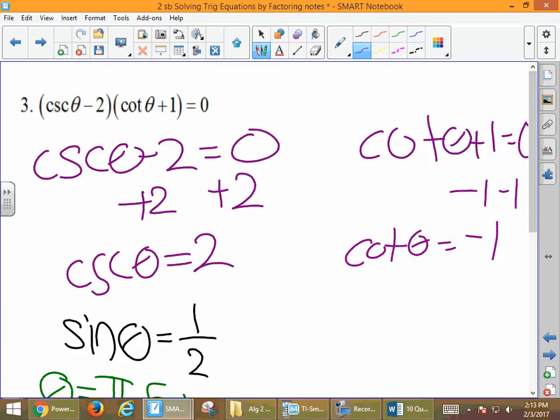And once again, I also don't know cotangent off the top of my head. So I'm going to take the reciprocal. And so the reciprocal of cotangent is which function? Yeah, tangent of theta. And the reciprocal of -1 is just -1 over 1. If you flip it, it's still just -1.